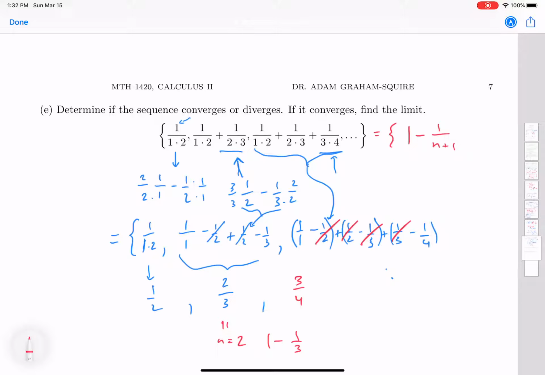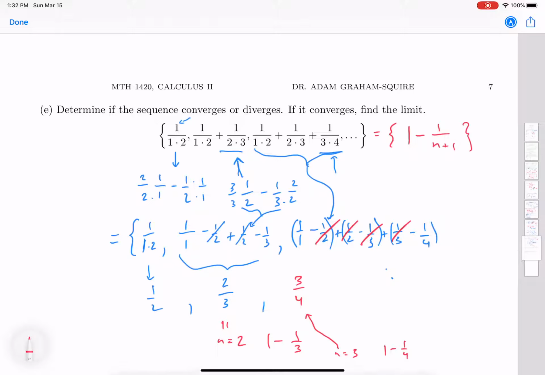And when I have n equals 3, I'm doing 1 minus 1/4. So the crazy trickery that I'm talking about here is rewriting this sequence into a nicer form.